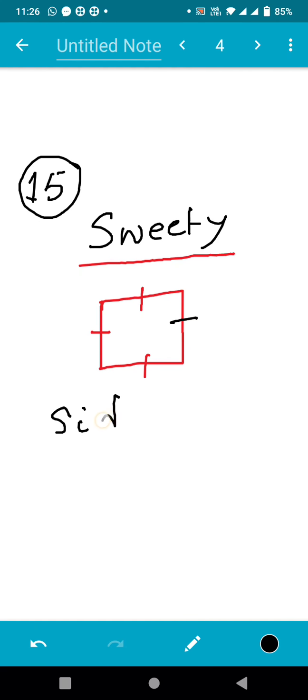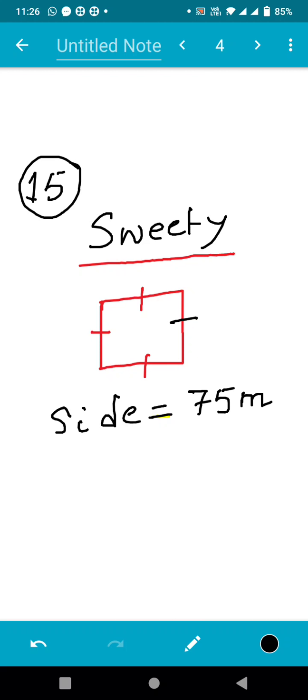According to the question, the side is given 75 meter.